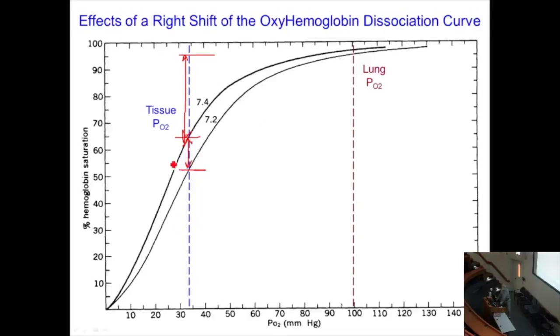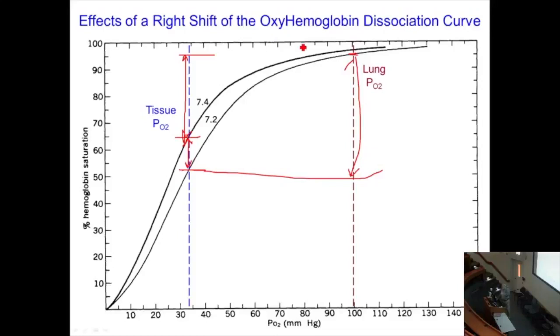So we have blood coming from the tissues, it goes back to the lung, and we're right shifted, so the blood gets oxygenated, fills up with oxygen.